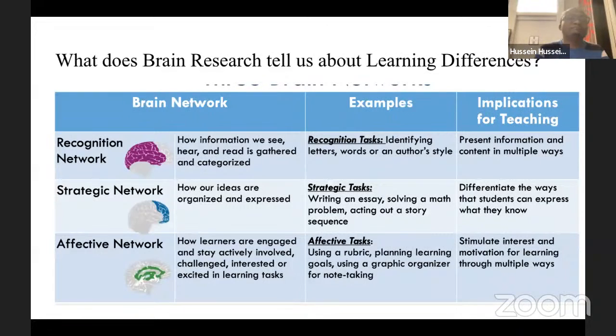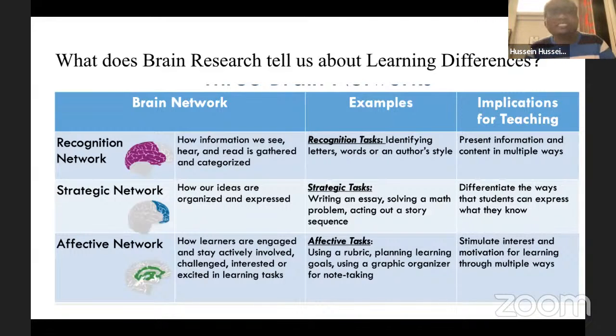Another network, brain research, is strategic network. How our ideas are organized and expressed. Tunavyoandika, nikisema mtu aandike, hatuwezi kuwa na uandishi sawa. Kwa hiyo the same kwa wanafunzi wako hivyo, na hii haiwezi kubadilika hata dunia ishi.